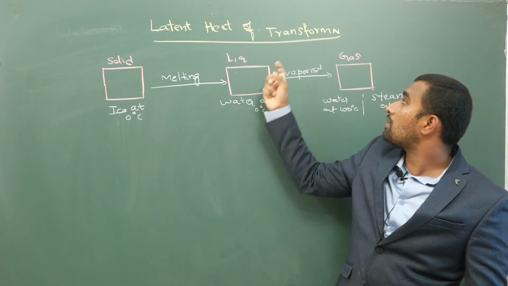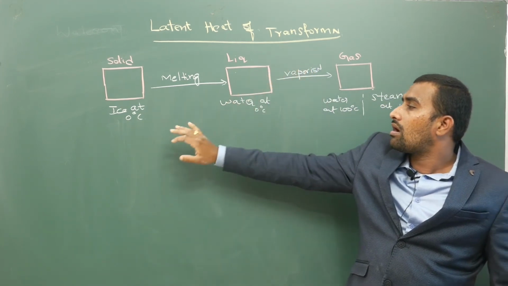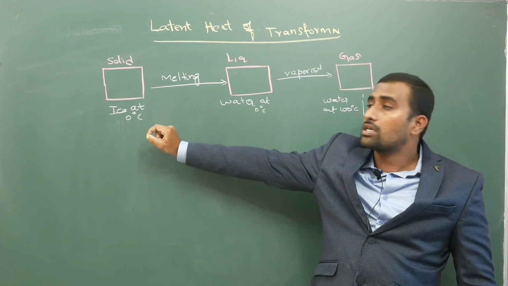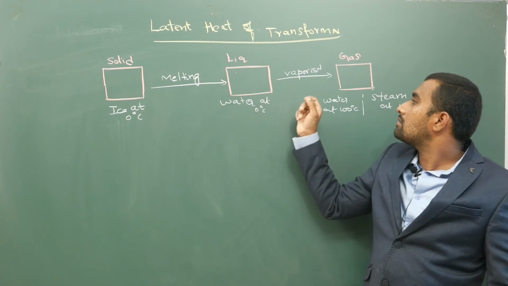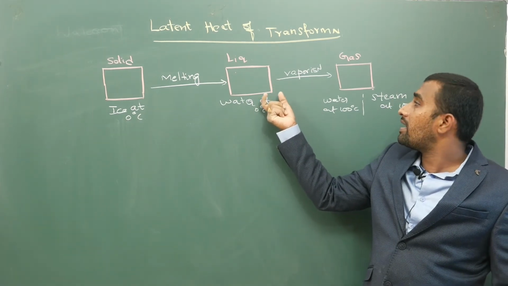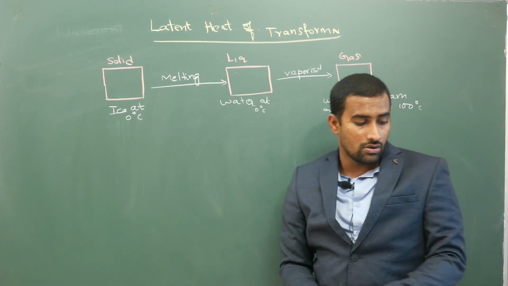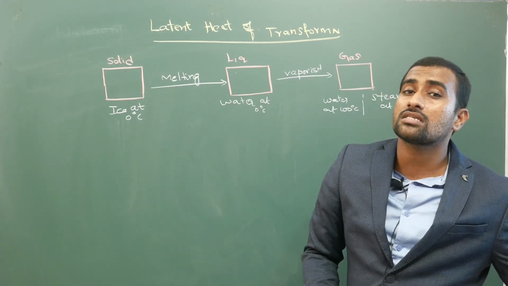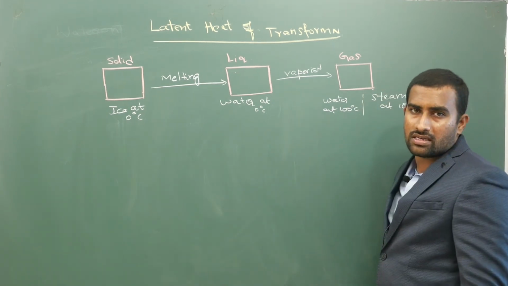This process is your transformation. So the amount of energy that you require to convert from solid to liquid, and some amount of energy required to convert from liquid to gas, this process of conversion is only your transformation.